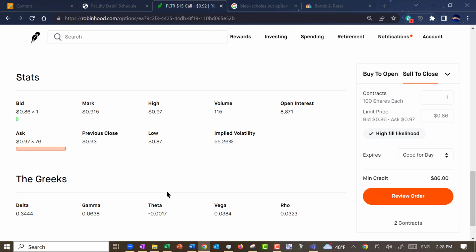Of those 76 contracts on the offer for 97 cents, you can pretty much assume at least 70 are right on. They make most of their money from option trading because they don't run a commission, and they make some money from margin lending.